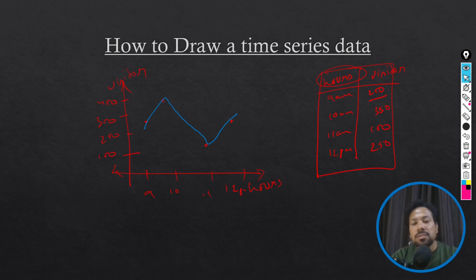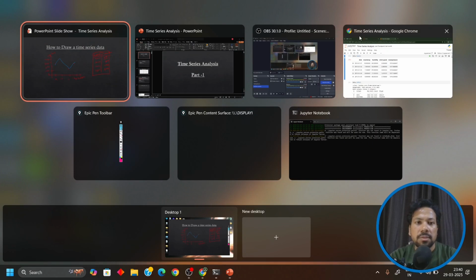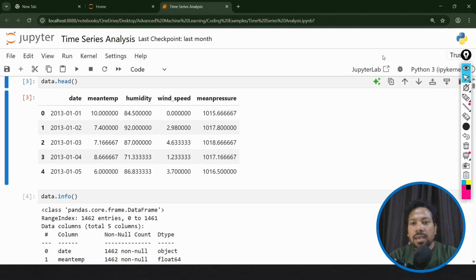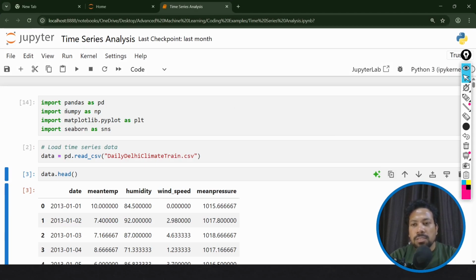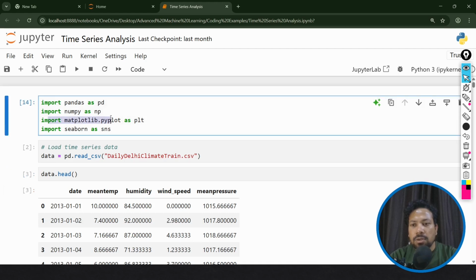But in an actual case we don't have to do it manually, because we have already studied so much Python, and we already know about matplotlib and seaborn. We are going to use them to draw it. So I'm going to show you directly in my code. Here I have first imported all the essential libraries. As you can see, I have imported matplotlib and seaborn, which are essential for plotting.